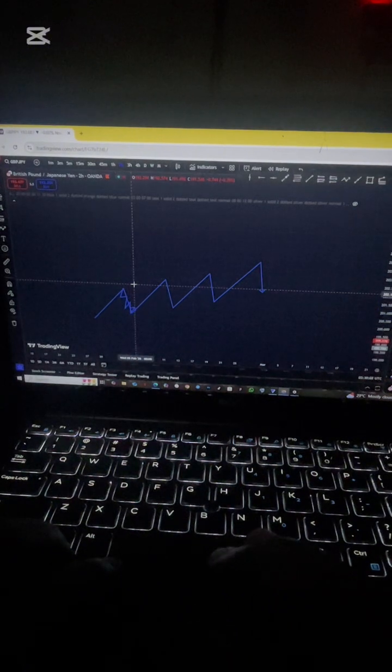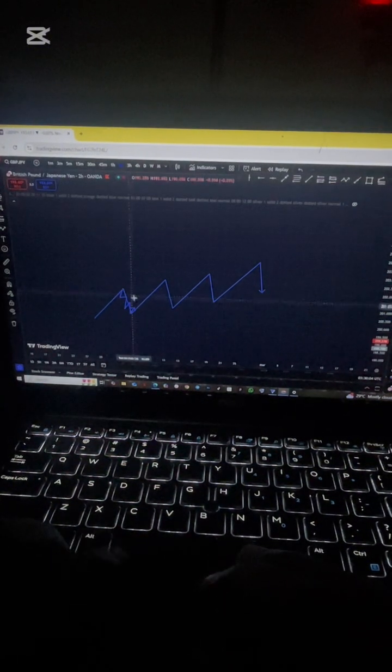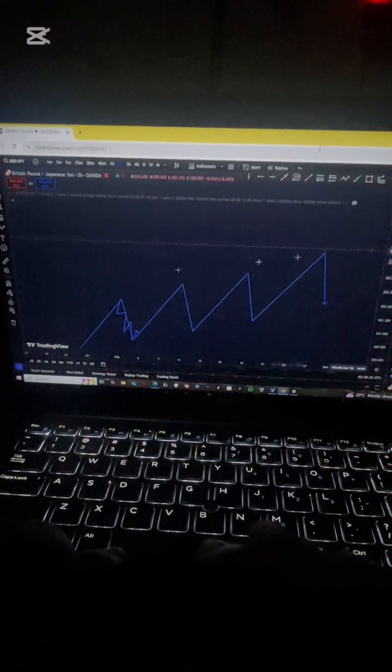Sorry if you can't see this clearly. I was supposed to record this directly from my screen, but somehow the volume is not clear. The pullback will always be like this. In the lower time frame, you see stuff like this.